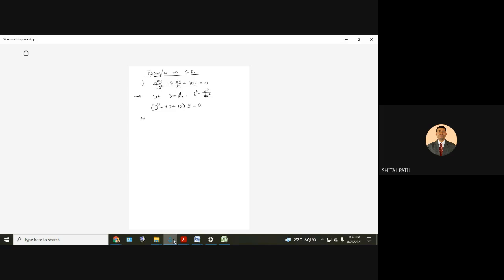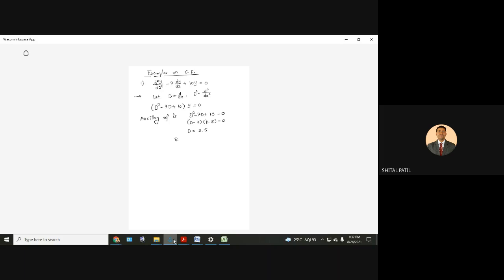This should be the way to write the solution. The auxiliary equation is D square minus 7D plus 10 equal to 0. What are the factors? D minus 2, D minus 5. Try to write them in ascending order. Order doesn't matter, but it is always better to write the roots in ascending order.